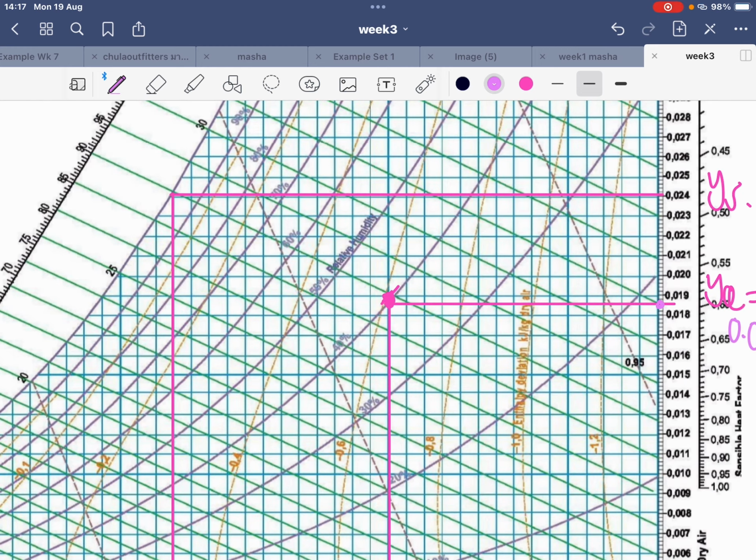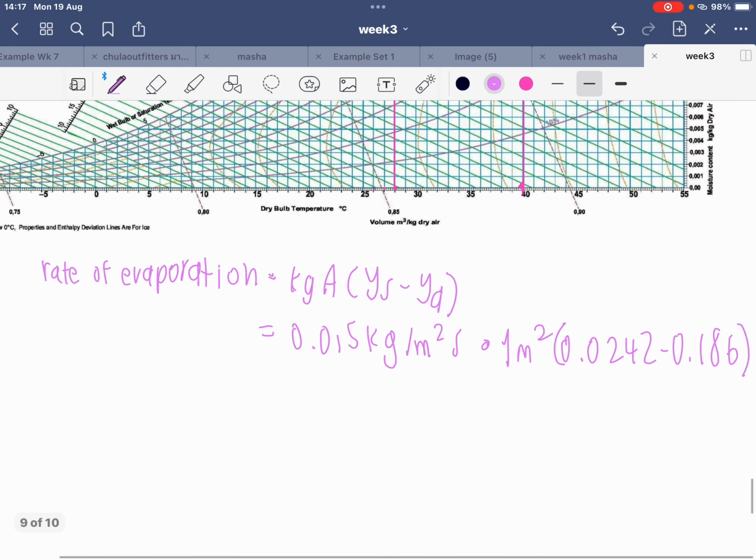It's here. And then it's equal to 8.4 times 10 to the minus 5 kilograms per second.